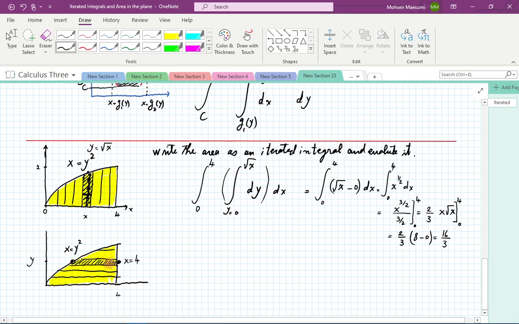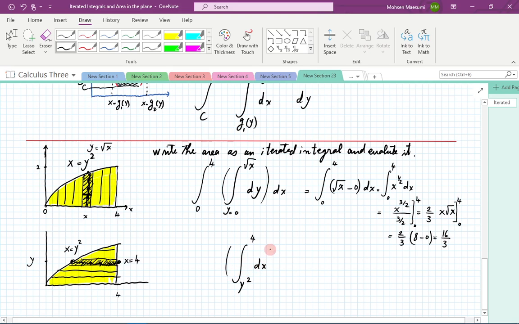So how long is this slice? Well, it's 4 minus y squared. How can I write that? So I say I start at y squared. I go as far as 4, and my displacements are horizontal. They are all dx's.